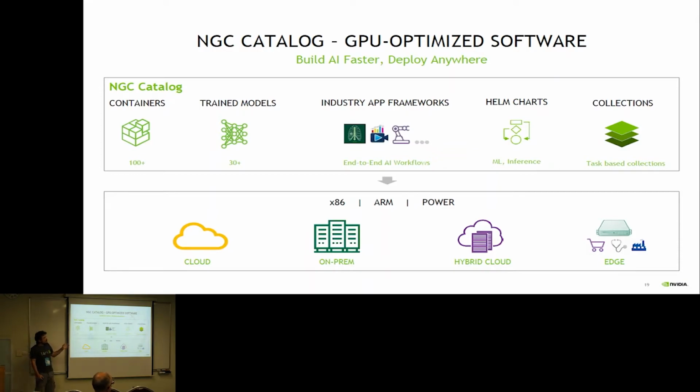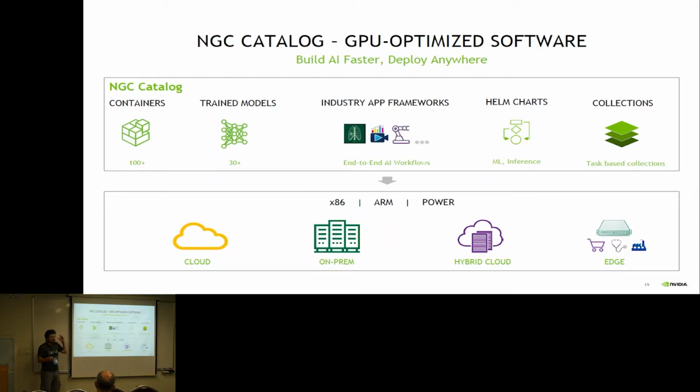Other than the containers, which of course exist for PyTorch, for TensorFlow, and for TAO Toolkit, which we were discussing, there are also models stored on the NGC, and the models I have been describing from the TAO Toolkit are actually in the background downloaded from NGC.